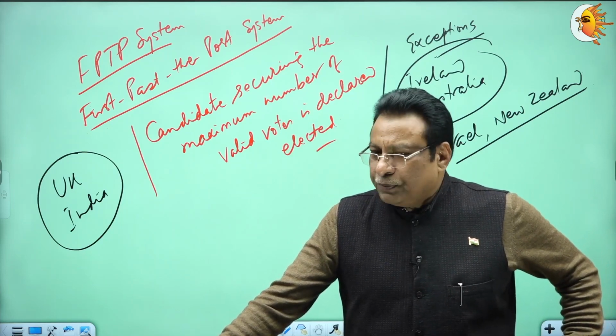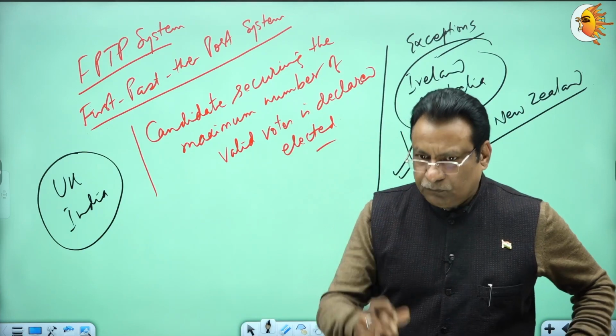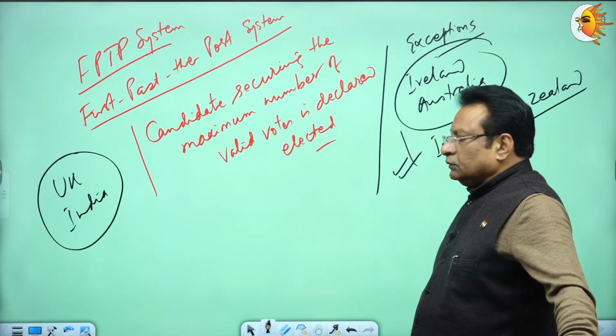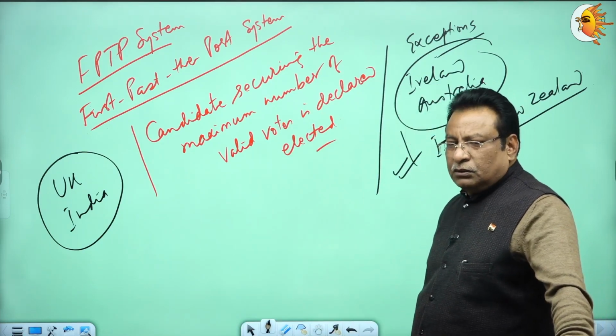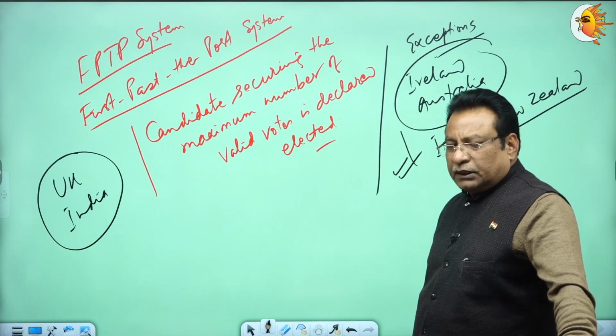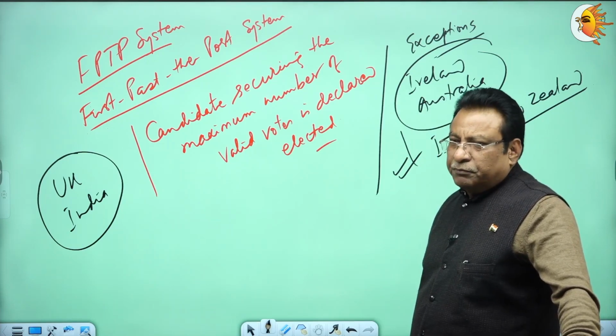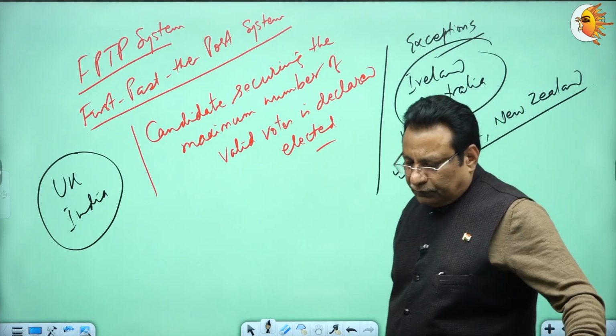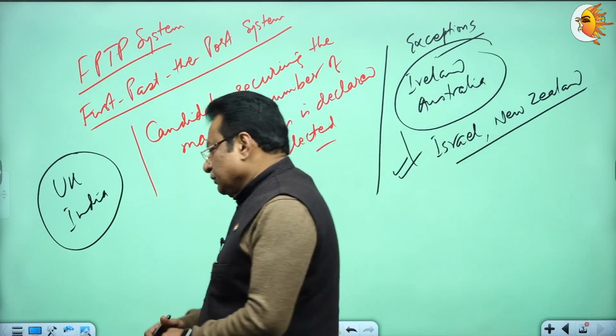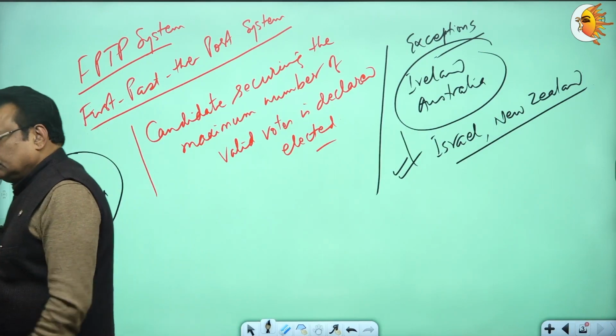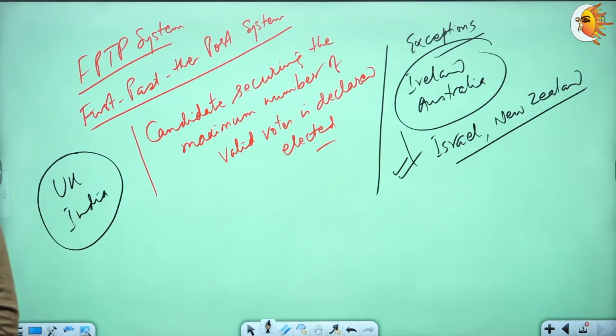Then West European model is just opposite. Now, West European model or German model. First point, the committee system is given precedence over debates and discussions.